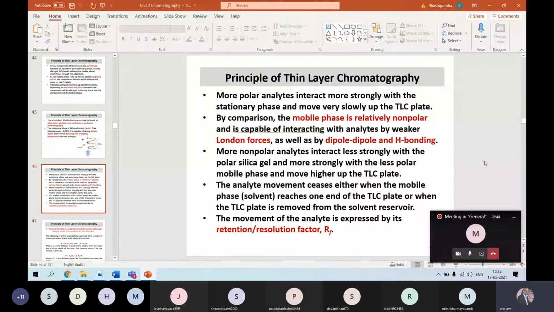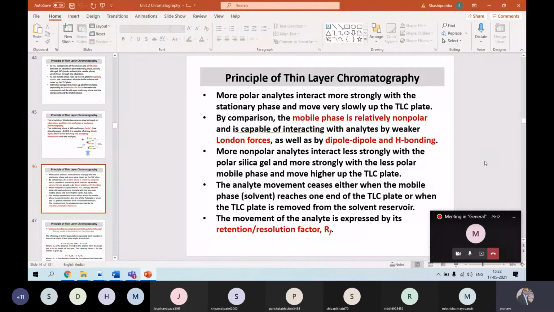A bond has electron density, but London forces cannot substitute those electrons; they can simply distort that electron cloud which is present, and because of that there is a very weak interaction. And those weak interactions have been observed with the mobile phase when it interacts with the analytes.